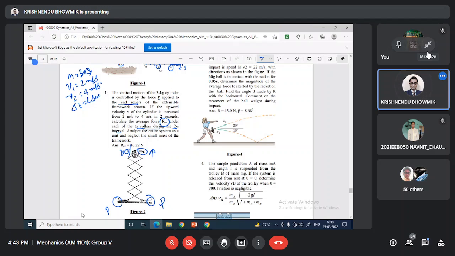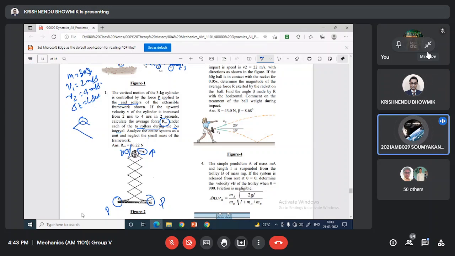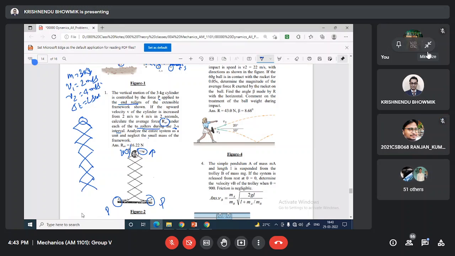So for this problem, if somebody wants to draw this, it is basically this structure, which you might have seen in bridge construction.